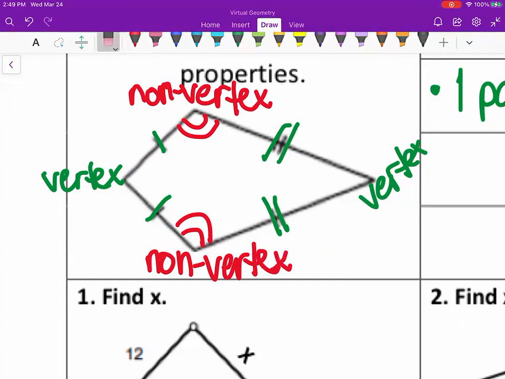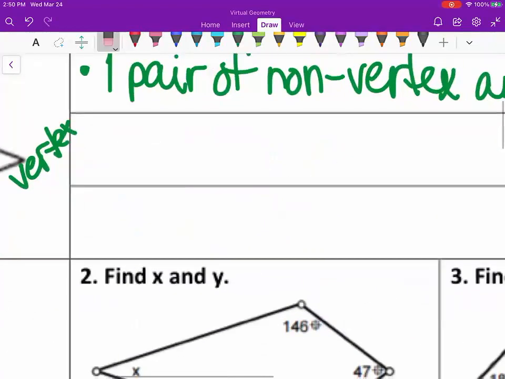All right, let's look at some other properties for this kite. We're going to be looking at their diagonal properties, because these are a little more specific to the kite than they were for some of the others. Your diagonals: in this case, both diagonals do not cut each other in half.